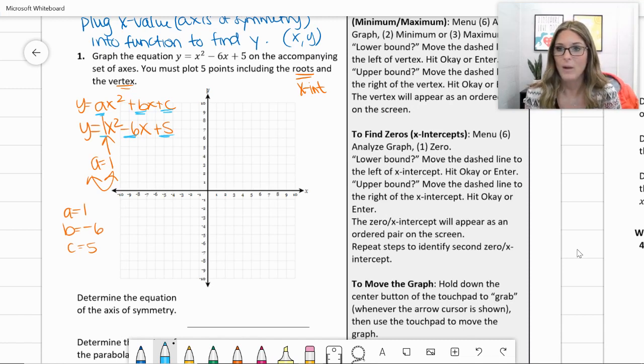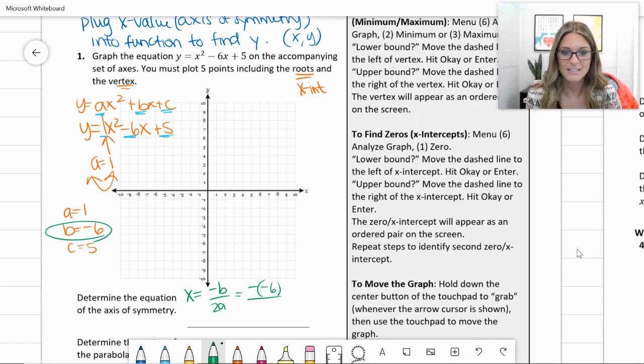And so let's start with finding the axis of symmetry. That's our first question below. Determine the equation for the axis of symmetry. We're going to use the formula x equals negative b over 2a. So let's fill that in. The formula is a negative, and then my b value. B is negative 6. So I'm going to have a negative 6 over 2 times a was 1.